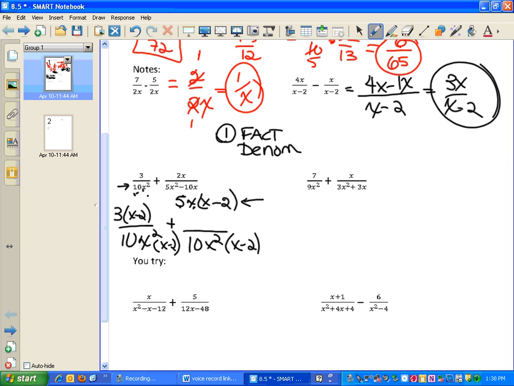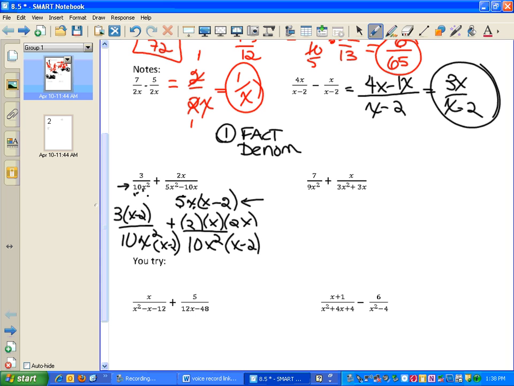Okay. Now, I had 5x and x minus 2, and I went to 10x squared times x minus 2. If I go from 5 to 10, what did I multiply by? 2. If I went from x to x squared, what did I multiply by? And then I already had the 2x already up there. Would you agree that was already up in the top?